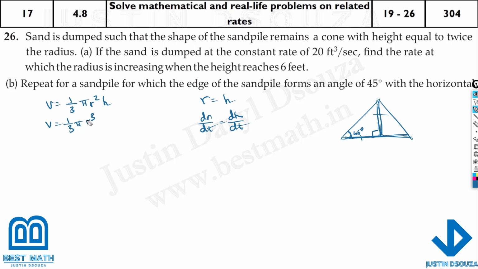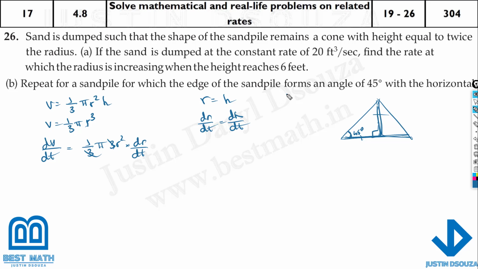So I'm using r. It'll be dv by dt, that is equal to 1 by 3 pi times 3r squared times dr by dt. And now this 3 and 3 cancel off. Now if you look over here, what is the r value exactly? The radius is not given, but the height is given. Height is 6 feet, and now here we have this new condition. The old condition is gone. It's not equal to twice the radius.